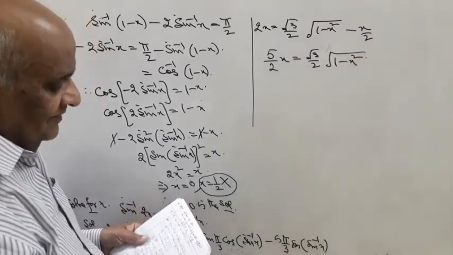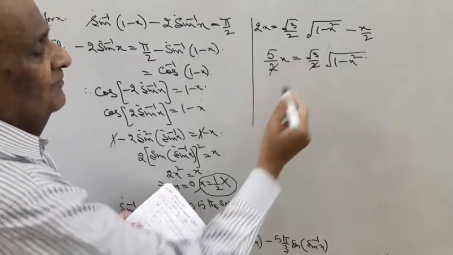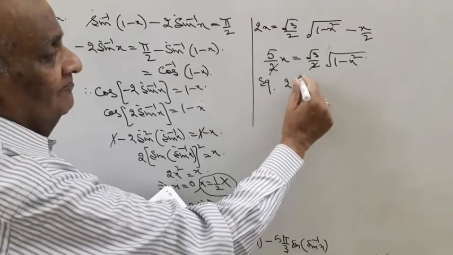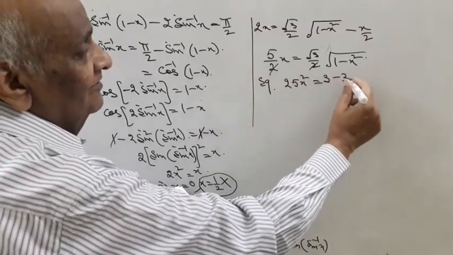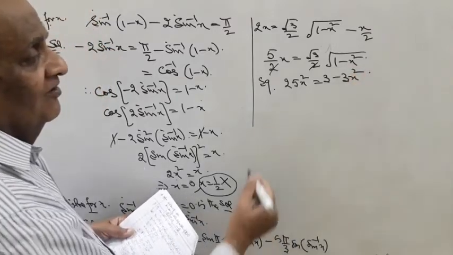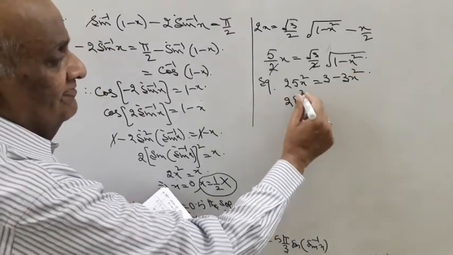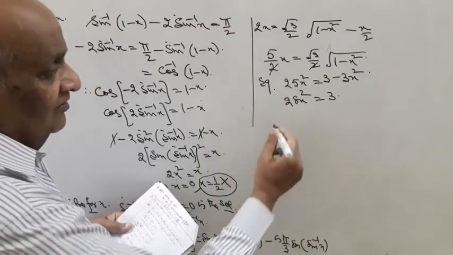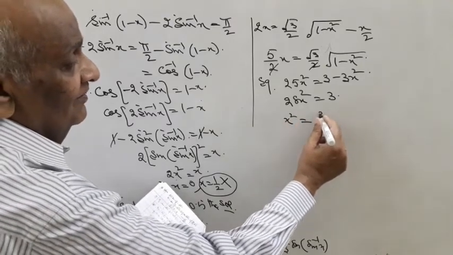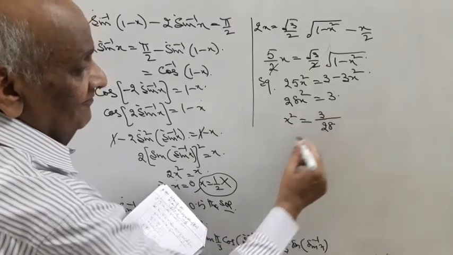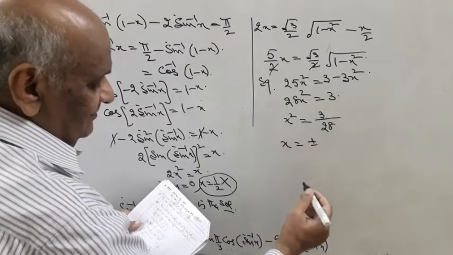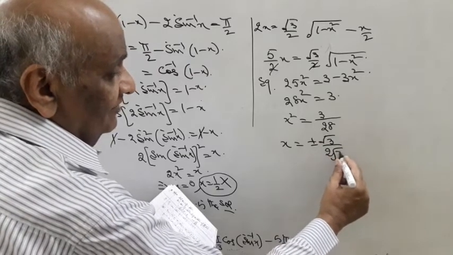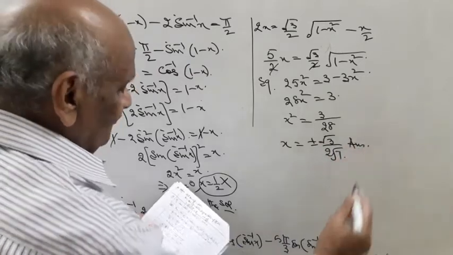This 2 will go, and when you square both sides, 25x square is equal to 3 minus 3x square, or 28x square is equal to 3. Or x square is equal to 3 upon 28. Therefore x is equal to plus minus under root of 3 upon 2 under root of 7. This is the answer, the value for x here.